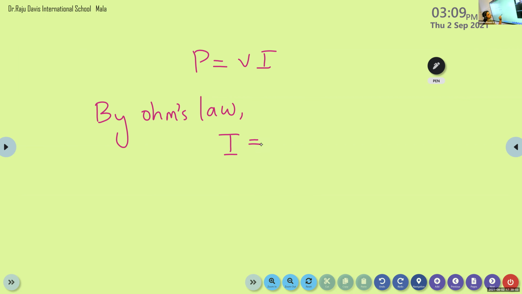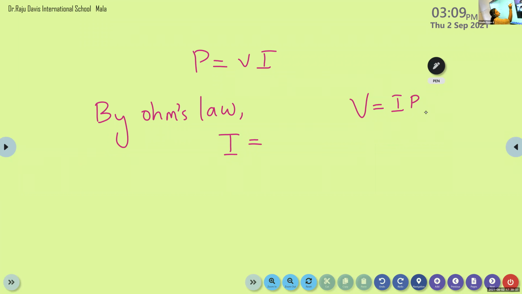Ohm's law is V is equal to IR. Then what is I? By Ohm's law, what is I? R by V. I. We keep the I here and take the R to the LHS. So it becomes? No. Basic mathematics. Here V is equal to IR.